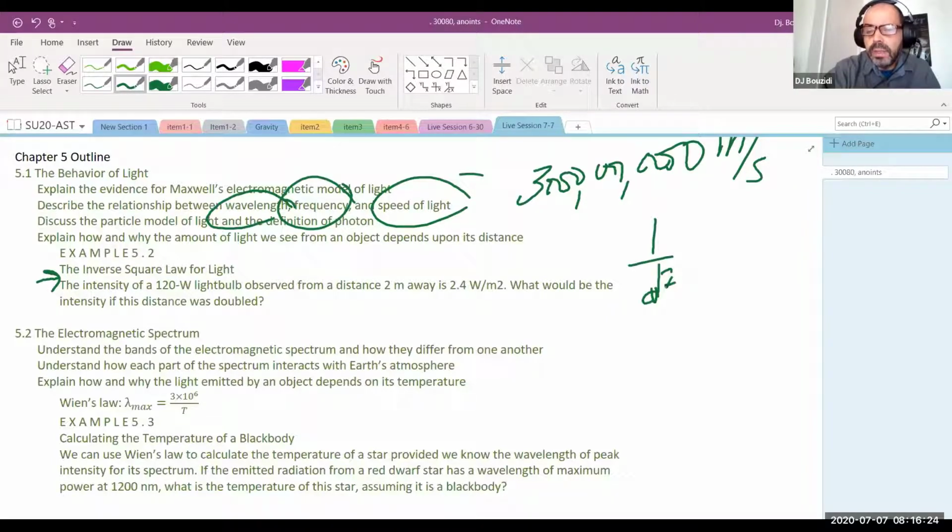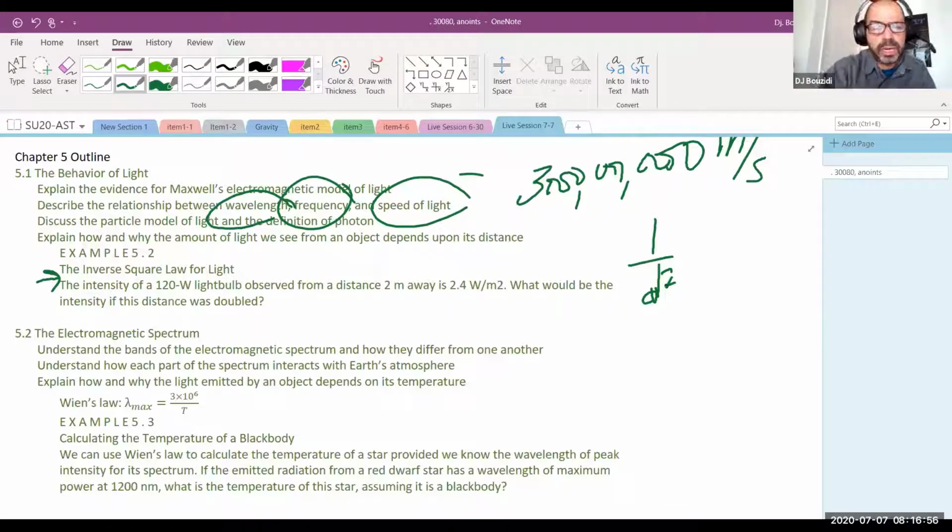Because light is emitted by the light source, and it travels through an entire sphere. So whatever it was initially near the surface of the light source now has spread throughout an entire sphere. The area of the sphere is 4 pi times the radius squared, 4 pi times the distance squared, basically from the origin to where we are right now. So that intensity now drops like 1 over distance squared.